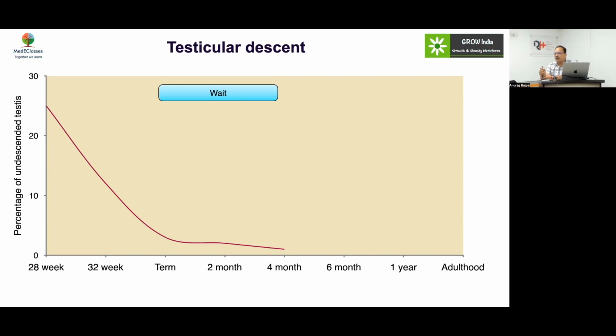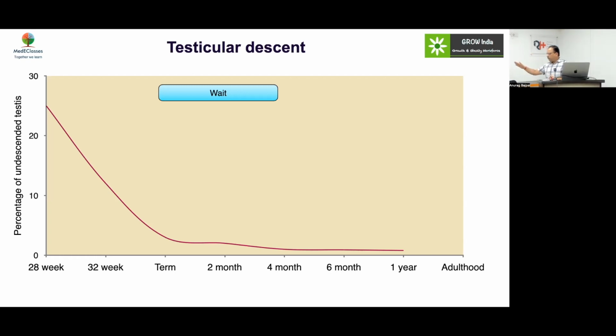So in this time period, if somebody comes to you, do not rush, wait for some time. After that, if you see from here, there is a decline, but beyond that, the decline is very little. So some people say, okay, wait till 1 year. So it's like giving more chance. Suppose somebody is SGA and he's not catching up by 1 year, you know that most of them will not catch up, but still you want to wait for 2 years, 4 years.